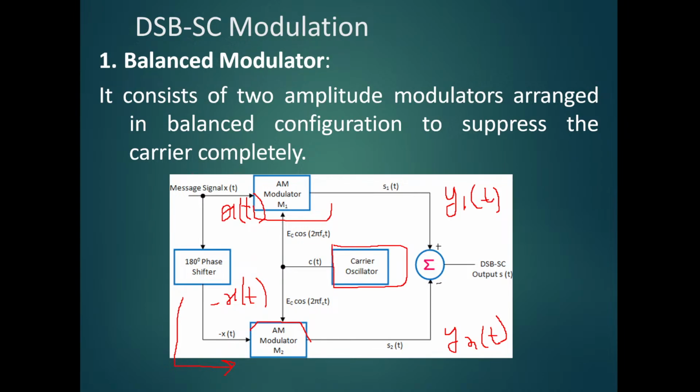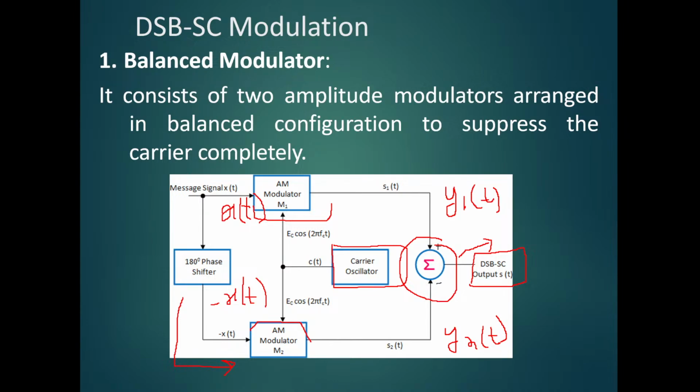Now these two outputs have a subtracting operation applied, so they are applied to a subtractor. You can see this is a subtractor over here, and the final output that is obtained is nothing but a double sideband suppressed carrier.